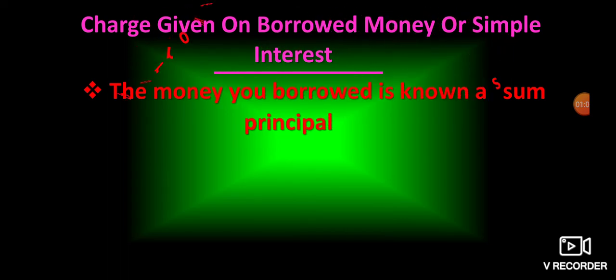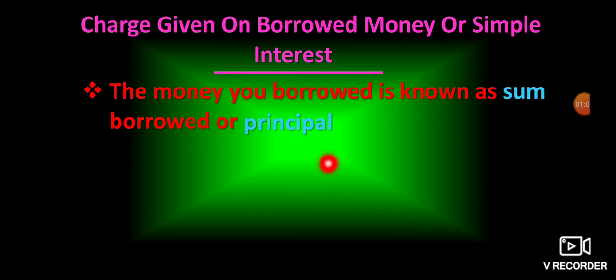The money you borrowed is known as sum borrowed or principal. This is not a school principal or college principal. This is money borrowed. When we borrow some money, that money is known as sum borrowed, or another name is principal amount.